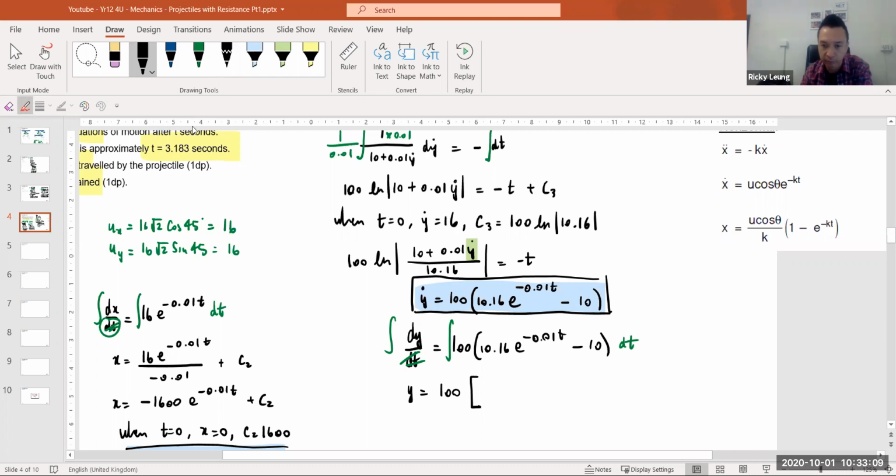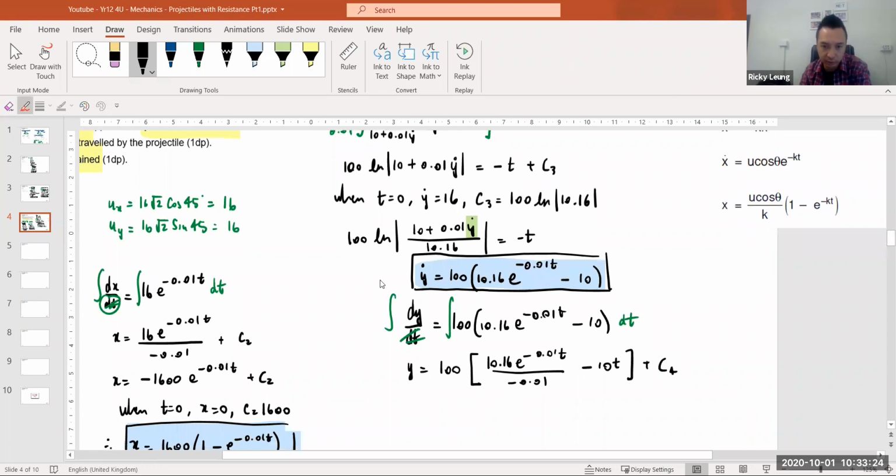So that becomes 10.16 e to the minus 0.01t divided by negative 0.01, that's a constant, minus 10t plus our last constant. Almost there, guys. When t equals 0, y equals 0, it starts on the ground. That's gone. So I get C4 equals that.